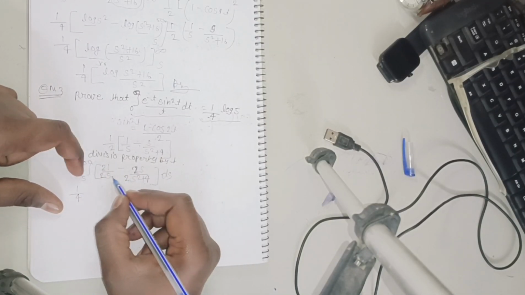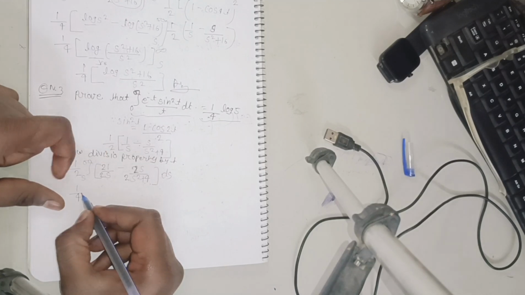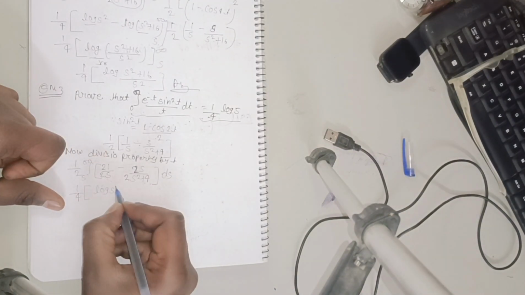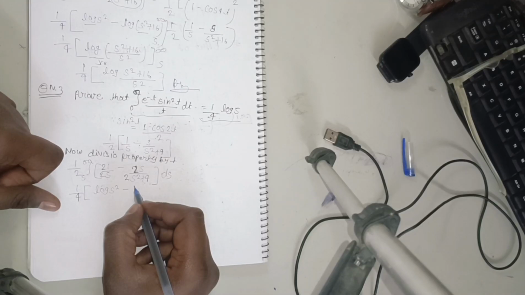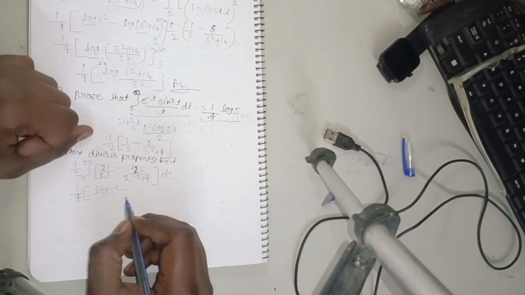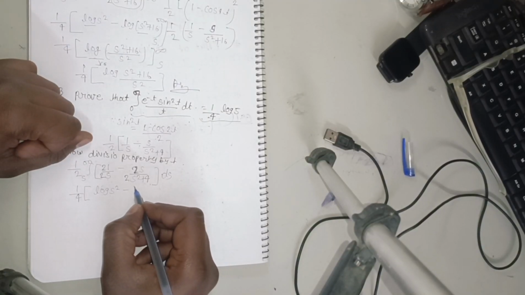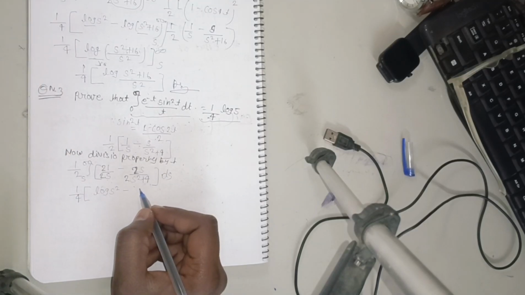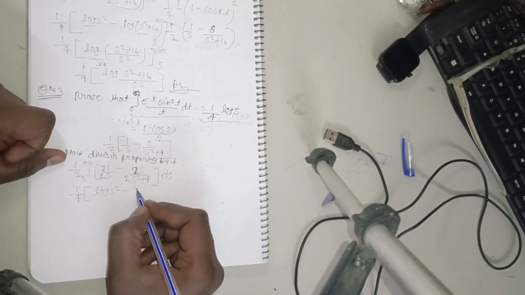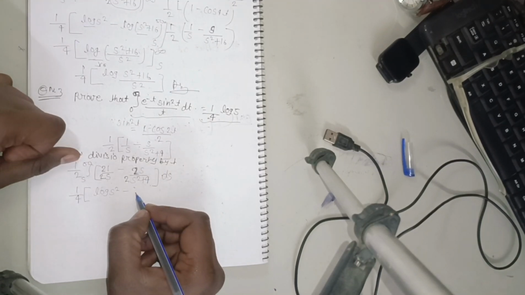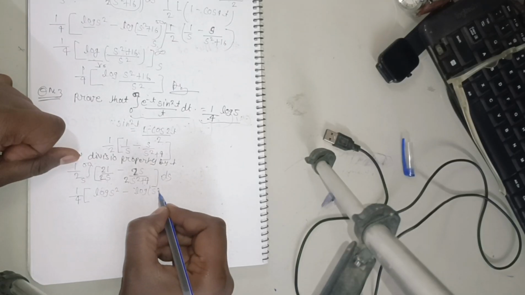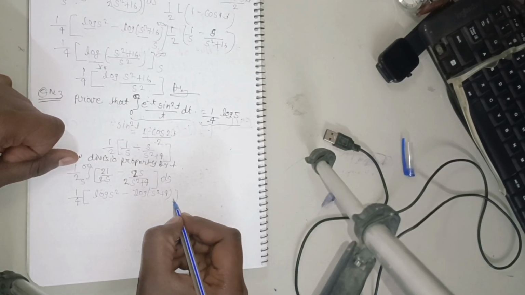Again, as you can see, 1 upon s gives log s square, so this will be log s square minus 1 upon 2 log of s square plus 4, right, into ds.